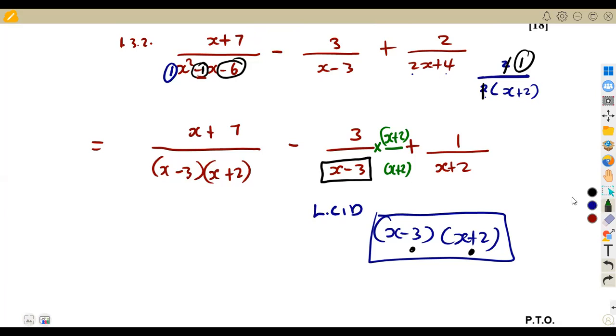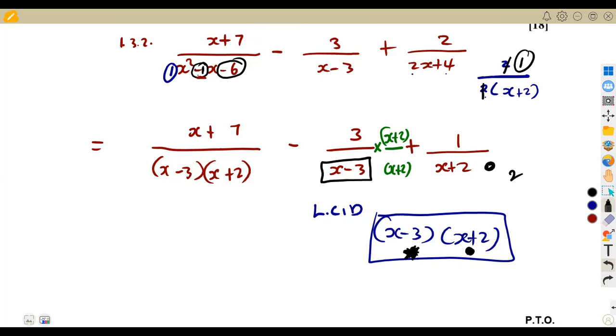Okay, let us move on to the other fraction here. In our denominator, there is x plus 2, which we also have on the LCD. But we do not have x minus 3, which we have on our LCD. So we are supposed to multiply by x minus 3 over x minus 3 to add it on this part.